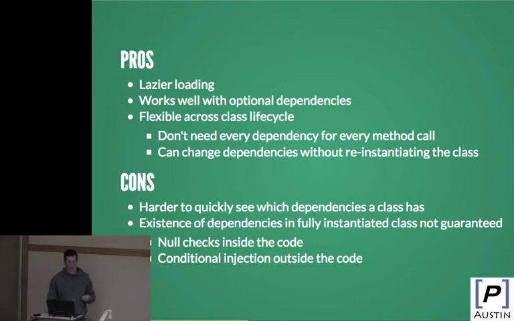And as a result, you have to add a bit more code in terms of checking to see whether the dependency exists, and then you can call a method on the dependency. Otherwise, you call a method that doesn't exist because the object is null, and then you get a PHP error, and then nobody's happy.